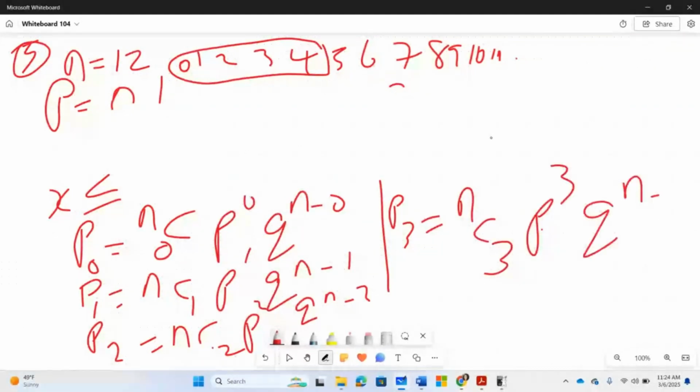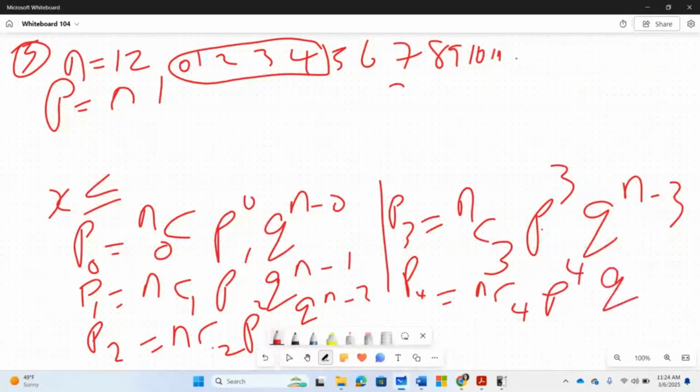So you can do it individually. And the last one is P4. P4 is n combination 4, success to power 4, and failure to power n minus 4.